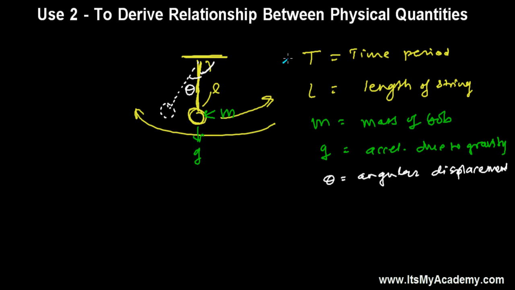The time period can be said to be related with the length of the string, how heavy the mass is, how much gravity is acting on that mass, and how much angular displacement we made. If you go here, it will try to get back here, because gravity will pull it back. One force is towards this, another force is vertically downward. Well, we'll talk about these later.